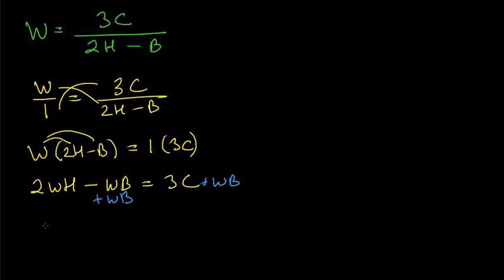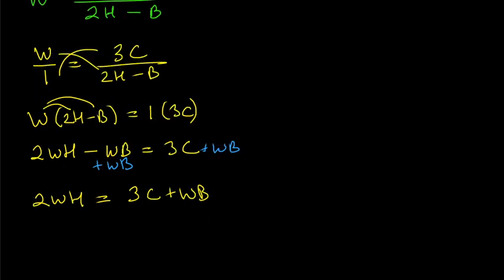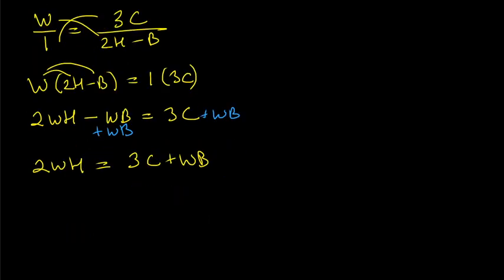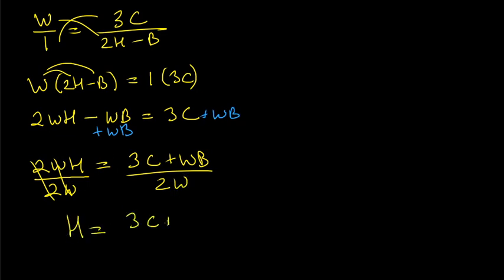Let me try that again. 2wh equals 3c plus wb. Okay, so remember we're solving for h, so just divide by the 2 and the w on both sides. So h is going to be 3c plus wb all over 2w.